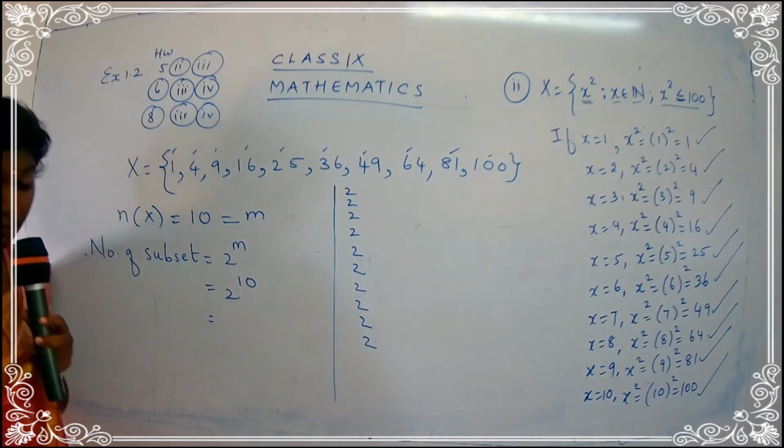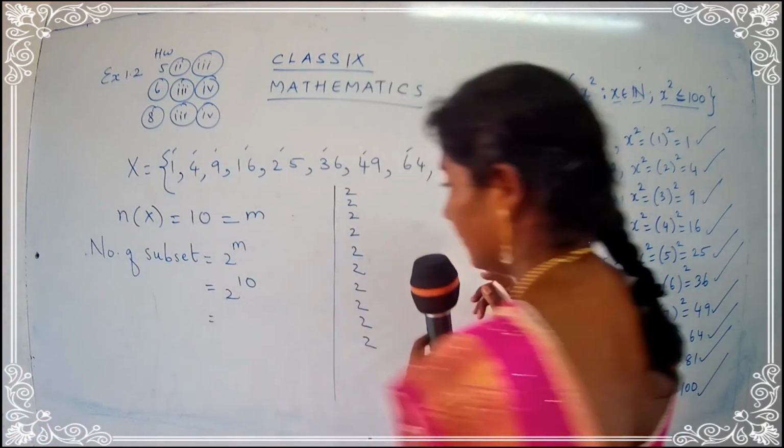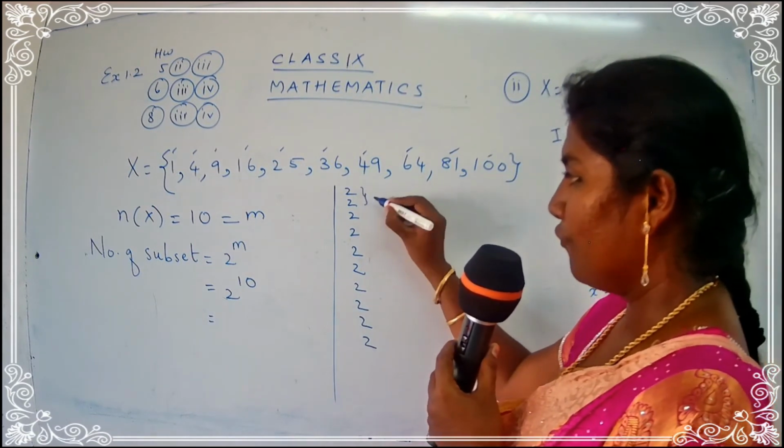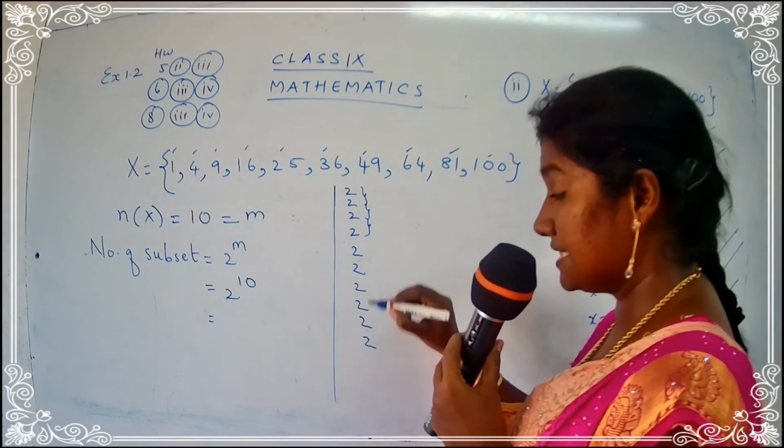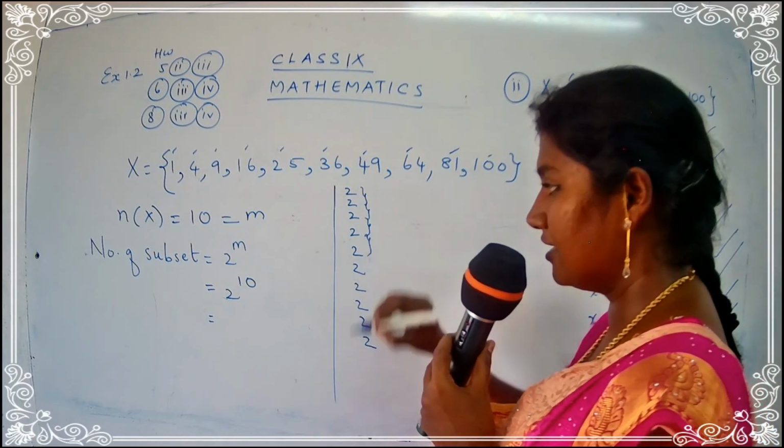Shall we go on multiplying? Let's check the answer. 2 twos are 4. 4 twos are 8. 8 twos are 16. 16 twos are 32.